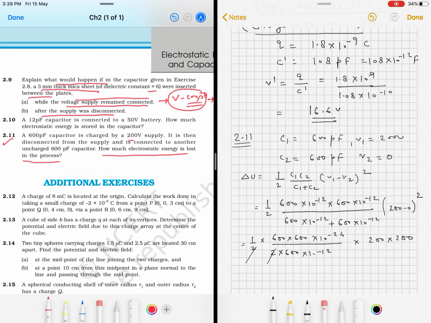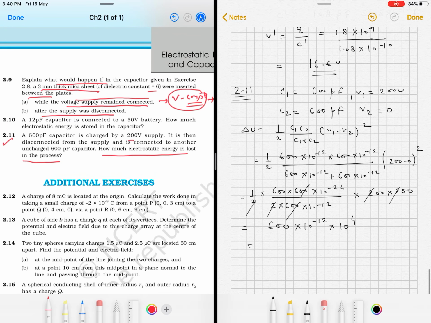So this 2 is cancelled out, 600 is cancelled out, so we have only 600 into 10 to the power minus 12 into 10 to the power 4. So we have 6 into 10 to the power minus 6 joule. So this is the loss in energy, 6 into 10 to the power minus 6 joule.